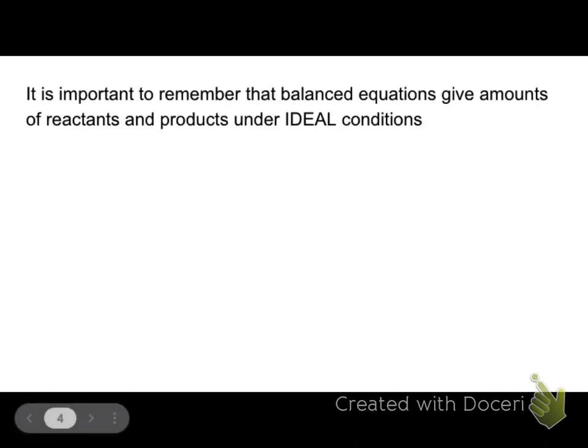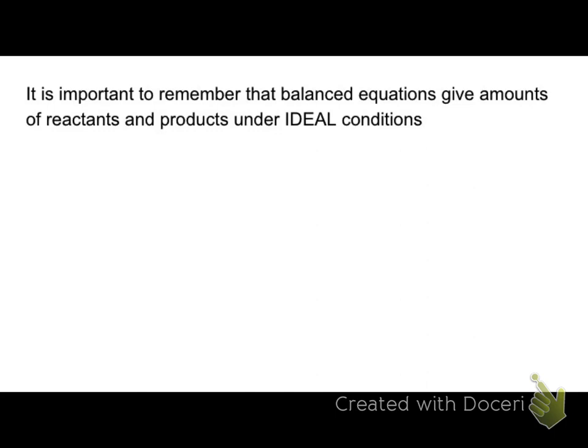Okay, it's important to remember as we start to get into actually doing stoichiometric calculations that this is all idealized theoretical math. So we're saying that when we do this math, under ideal circumstances where all of the reactants became exactly the product that we want, this is how much we would end up with.